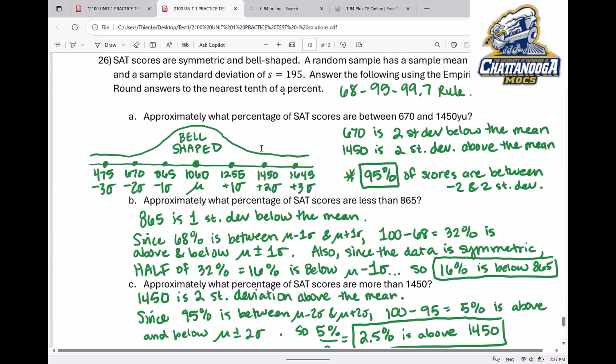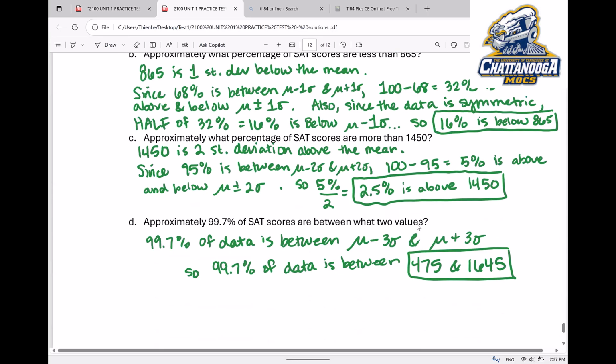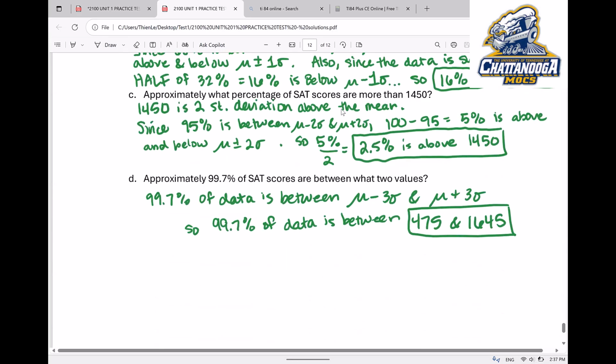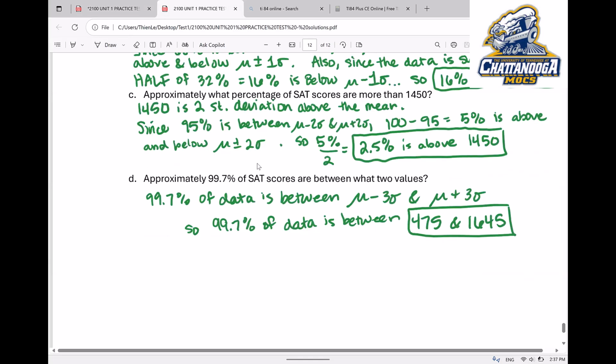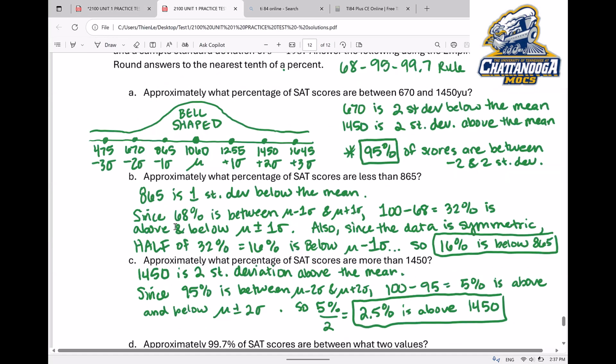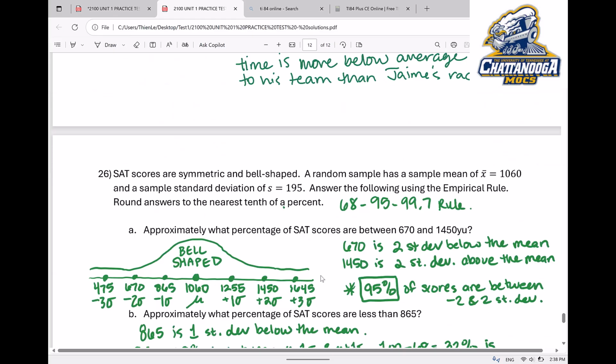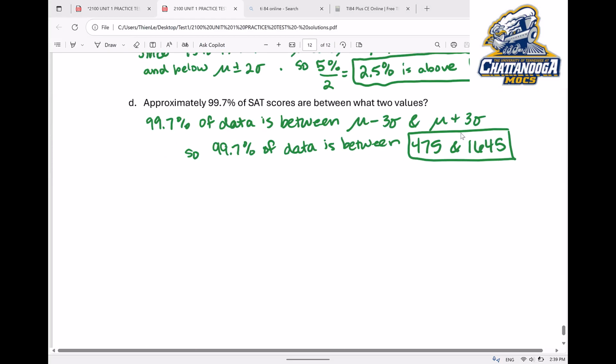Here it's already calculated for you, from 475 to 1645, and it's also shown in the figure here.